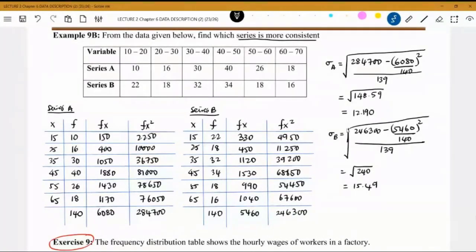So which one is more consistent? A. Okay. Alright, good. So since the standard deviation of A is smaller than the standard deviation of B, series A is more consistent than series B. Okay?